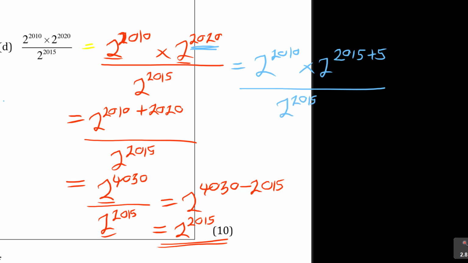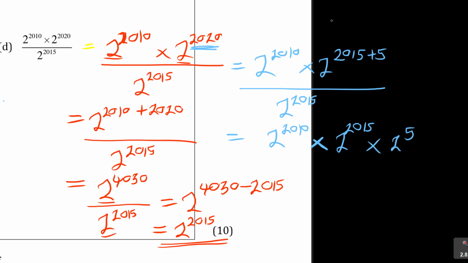I'm matching it at the bottom. Remember, 2015 plus 5 is 2020. So I can say 2 to the power 2010 times 2 to the power 2015. Now if it's plus, I say times 2 to the power 5.